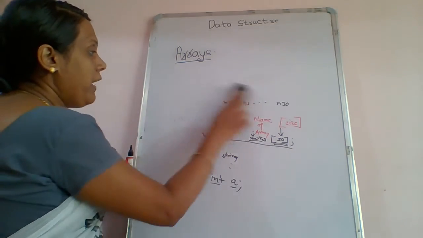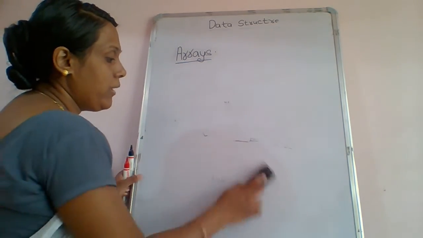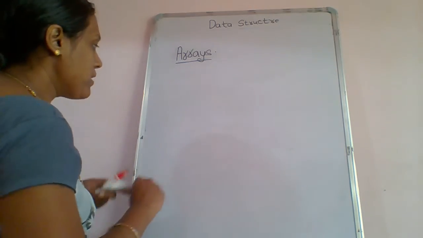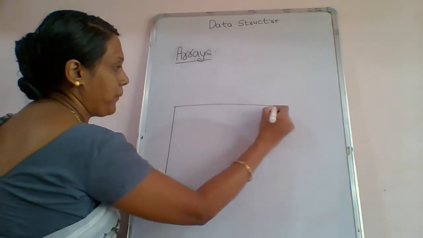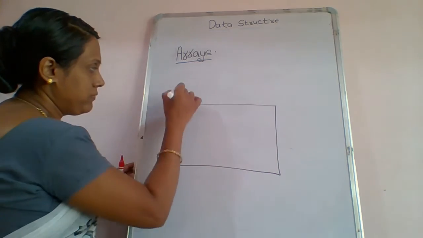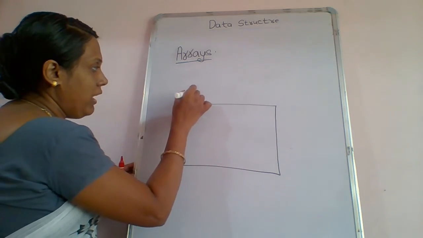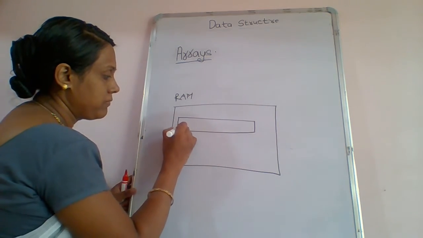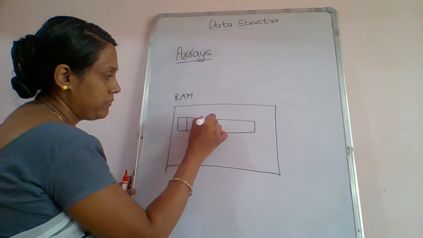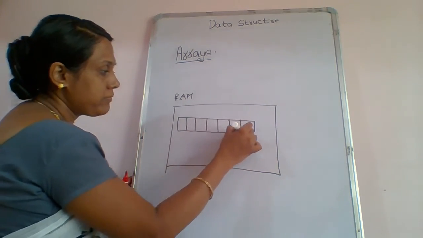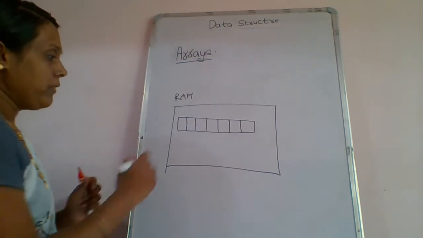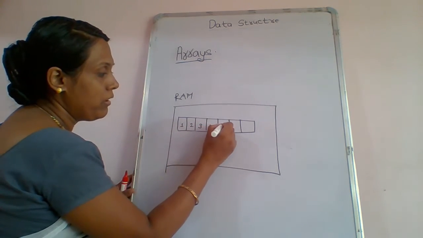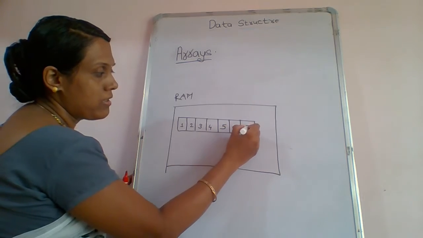Now, how is the data actually stored in memory when we use an array? Suppose this is your RAM, and we store the data like this. Suppose 1, 2, 3, 4, 5, 6, 7.